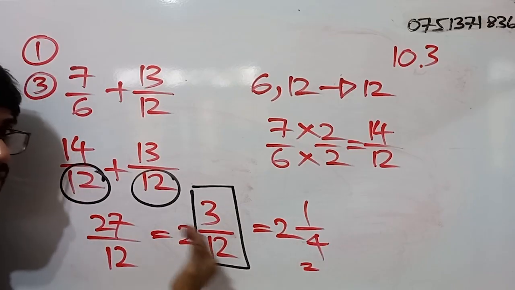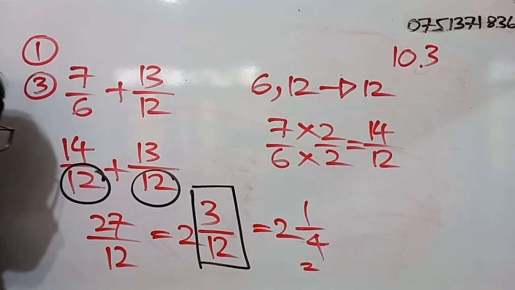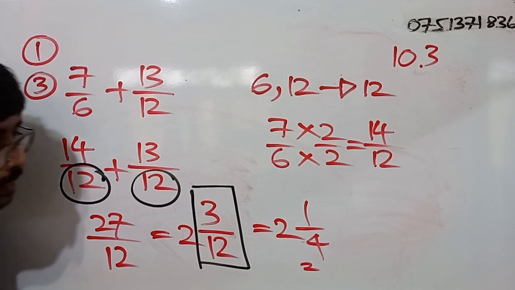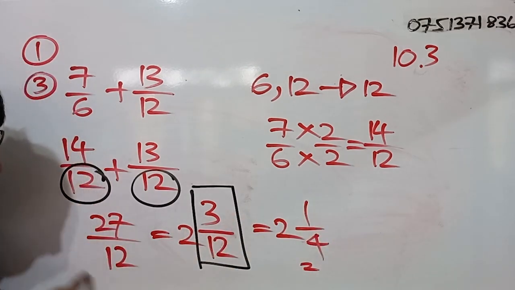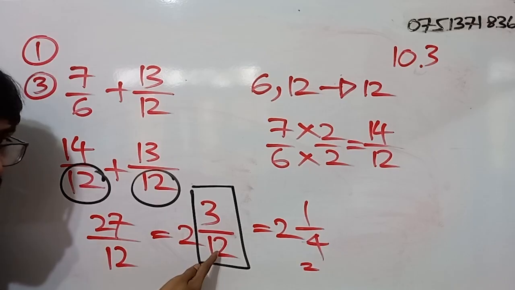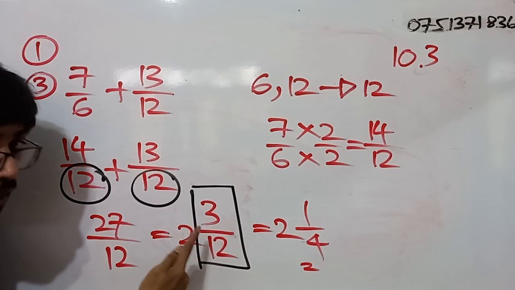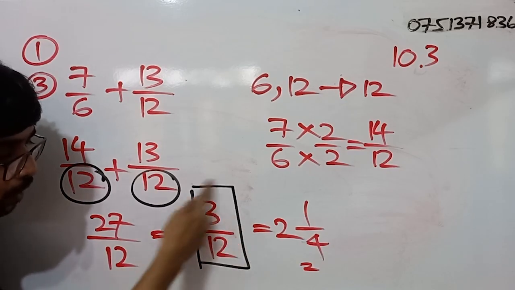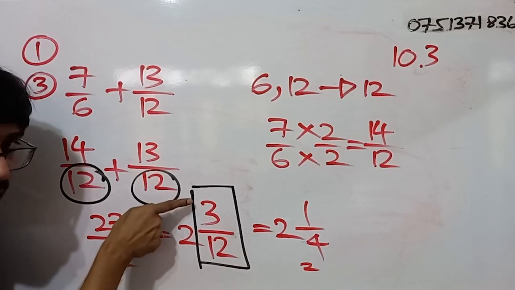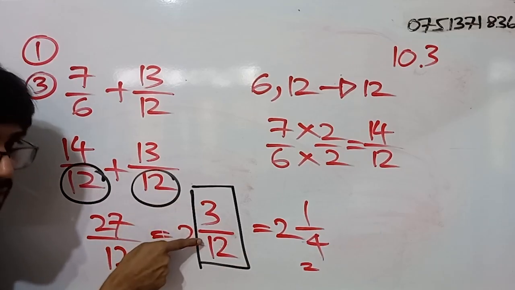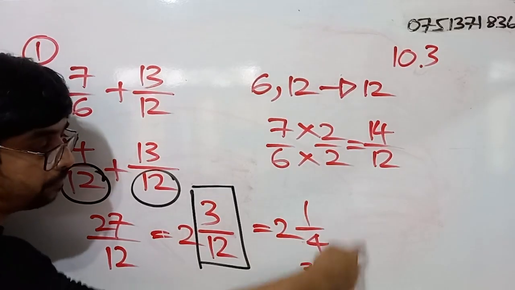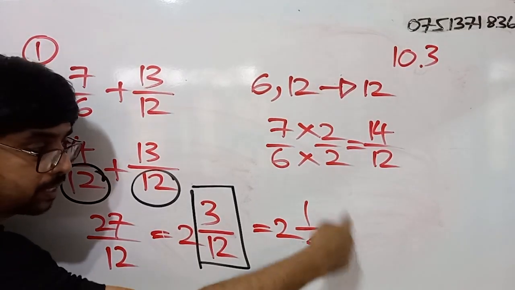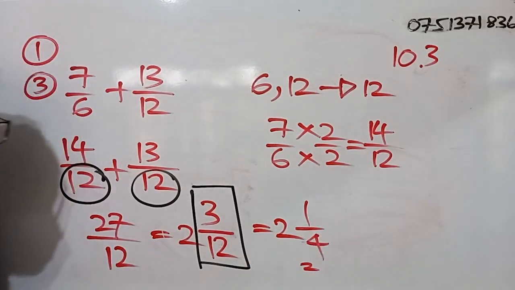If it can be further simplified, you must do that. So in this case, this is an improper fraction, and you have to convert that into a mixed number. We are not done. If you take a look at the mixed number, the fraction part can be further simplified. So this will be the final, complete answer.